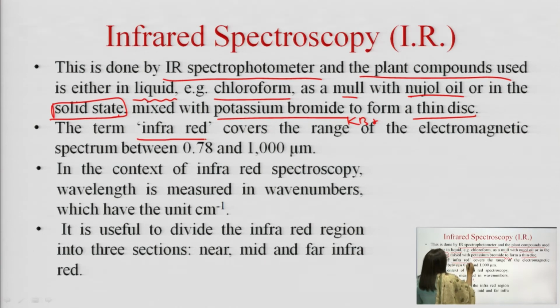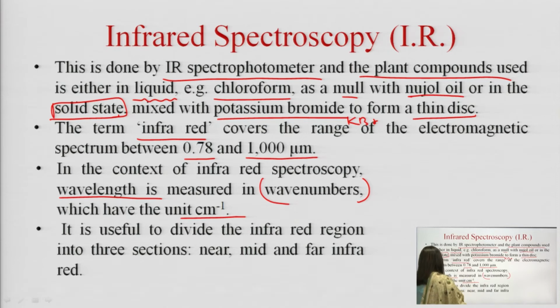The term infrared covers the range of electromagnetic radiation between 0.78 to 1000 micrometer, or as already mentioned above 700 nanometer. In the context of infrared spectroscopy, wavelength is measured in terms of wave numbers which have the unit centimeter inverse.